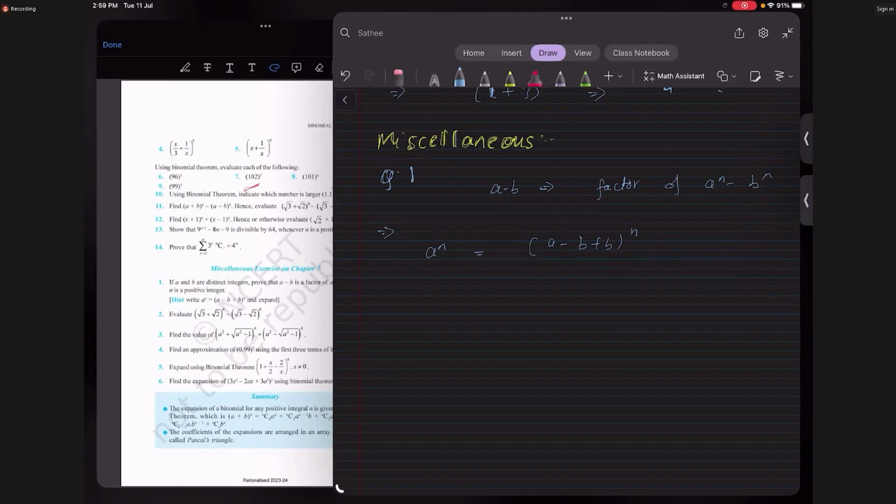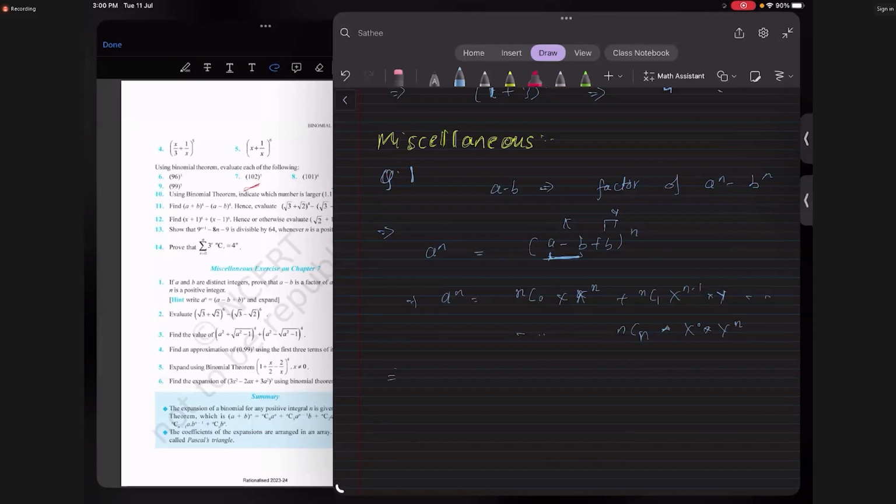So if you consider this term as x and this term as y, then this would be like nC0 into x to the power n plus nC1 into x to the power n minus 1 into y and so on. The last term would be nCn into x to the power 0 into y to the power n.